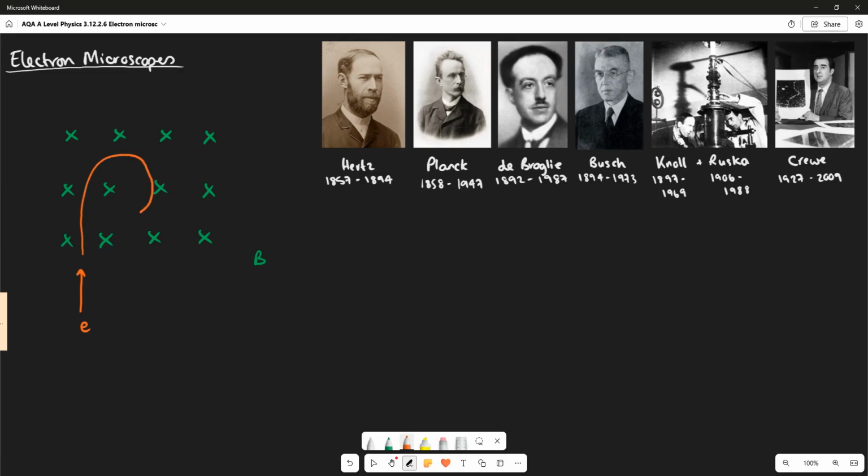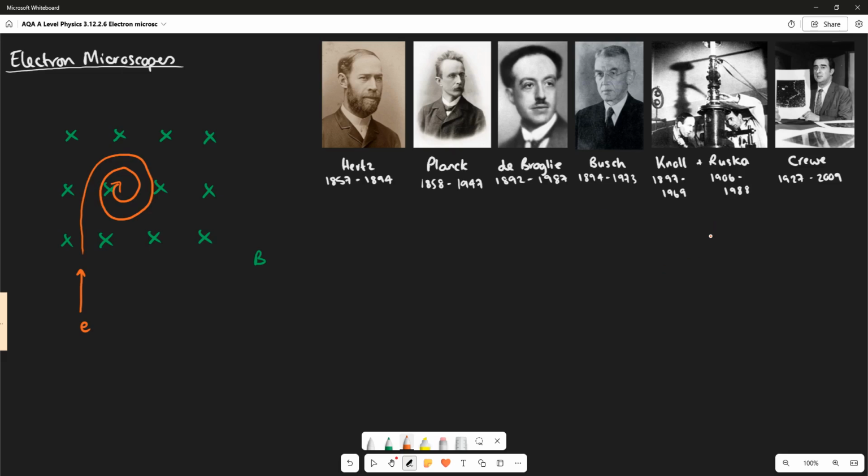And you can make them travel in a spiral shape. Bush used these ideas to write papers about how we can use this effect to make electromagnetic lenses. Lenses that would alter the direction of electrons and be able to converge them into a focus point.